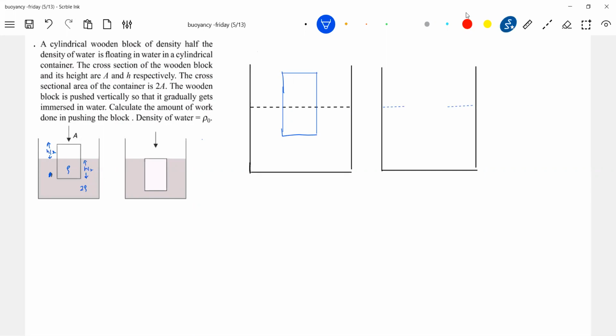Some X length, let it be immersed here. There's a rise in the level of liquid.